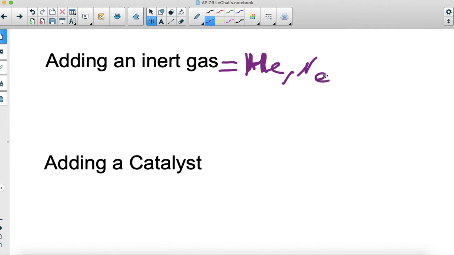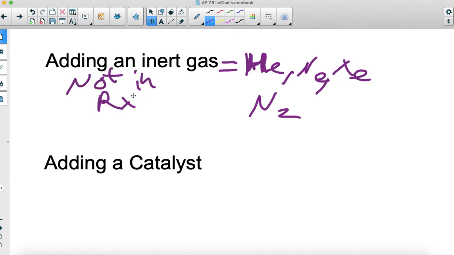Neon, xenon, all sorts of noble gases. In many cases, nitrogen is also an inert, stable, non-reactive gas. If you add something that's not in the reaction and doesn't react with anything else in the reaction, doesn't bind to the product, doesn't increase the amount of reactant, the forward reaction is going to keep happening and the reverse reaction is going to keep happening.